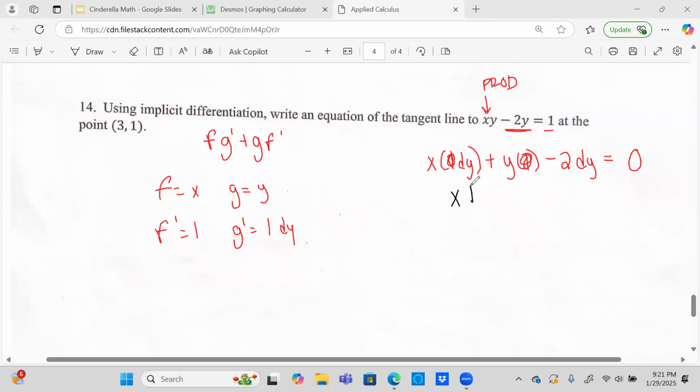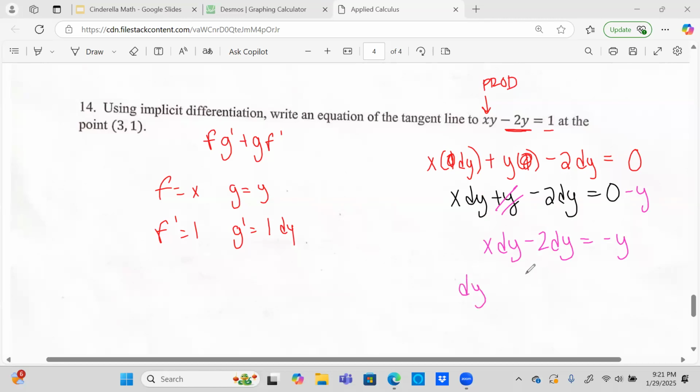We have x dy plus y minus 2 dy equals 0. So I would just go ahead and move over this. X dy minus 2 dy equals negative y. Dy times x minus 2 equals negative y.